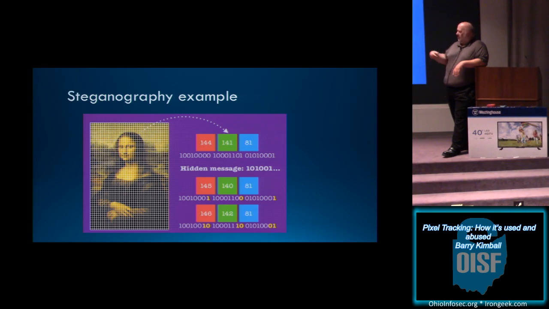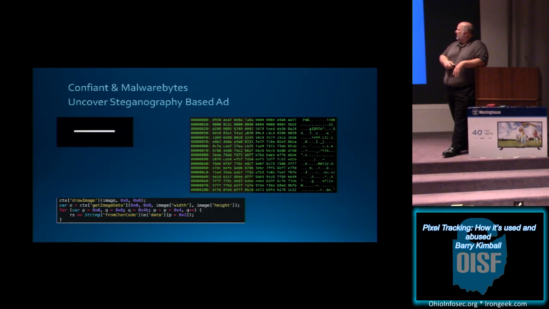So malware or code can be added to a picture and be your actual payload on a website, which was actually utilized pretty recently. In late November, Confit and Malwarebytes started seeing a large uptick in an attack that they didn't understand what was causing all the traffic, but they managed to trace it down.